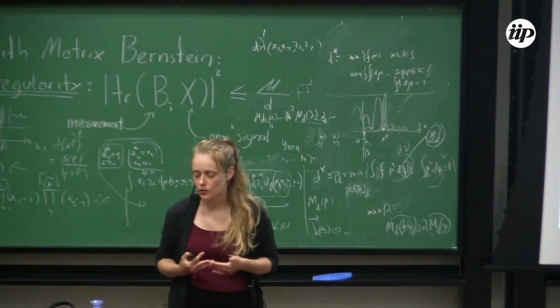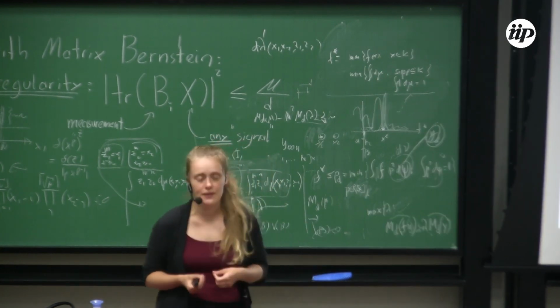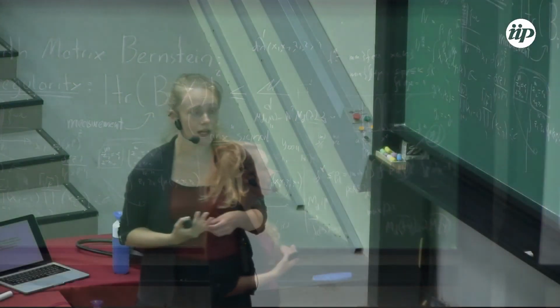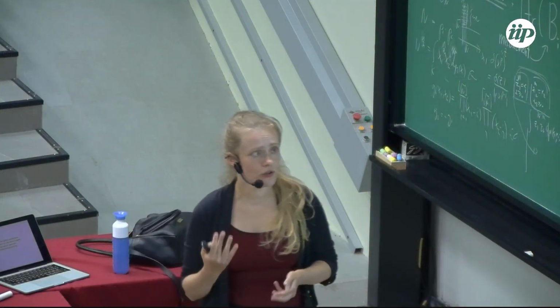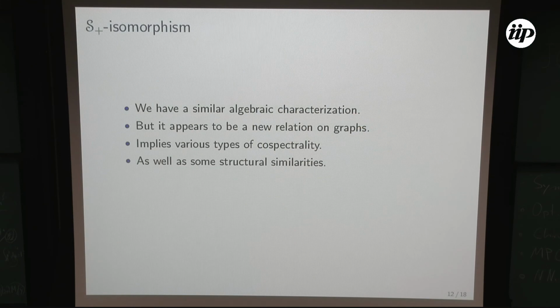But we can show that if the two graphs are PSD isomorphic, then they need to be cospectral, they need cospectral complements, cospectral Laplacian matrices, various types of cospectrality, and also some structural similarities.